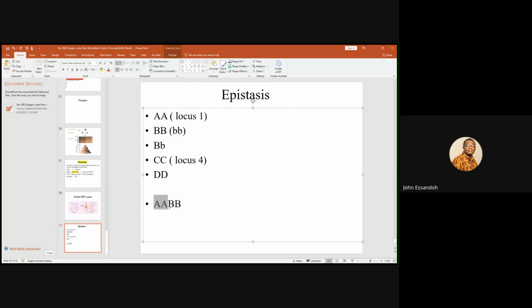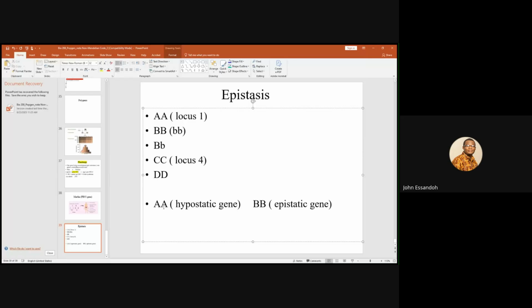So in this case, this boy becomes the epistatic gene, and Fidelia becomes the hypostatic gene. So the presence of this boy is suppressing the expression of this.